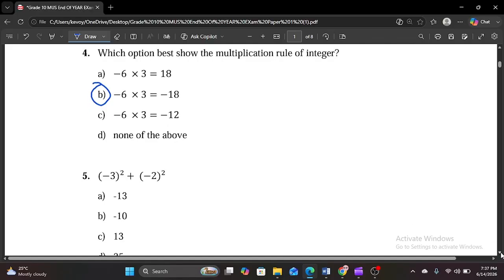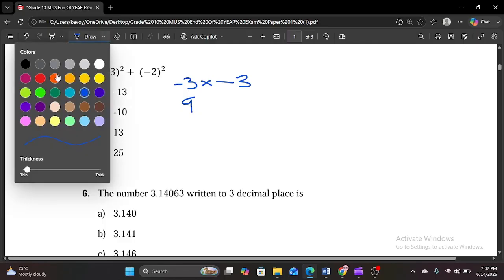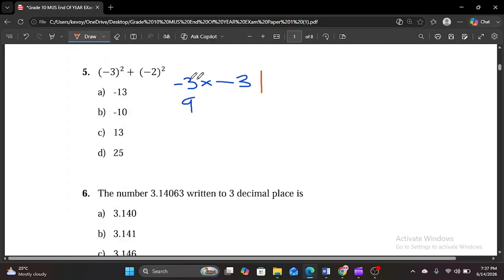All right, so let's look at question 5. So we have -3 squared. So this is -3 times -3. That should give you +9. And we have -2 times -2.